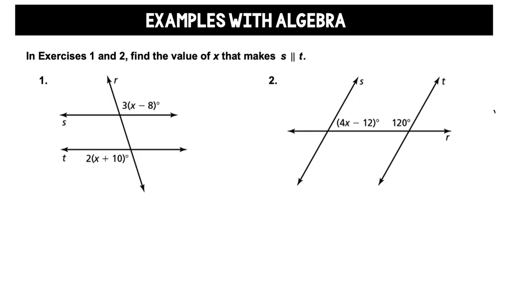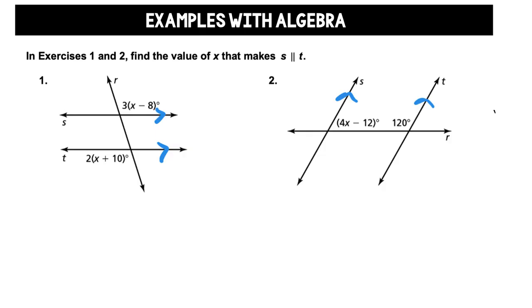All right, so let's try some examples with algebra. This is the same idea that we did yesterday. Okay, so it says, find the value of x that makes them parallel. So we're assuming that we're making them parallel, that they are actually going to be parallel to each other in each of these. So if these two lines are parallel, these two angles have to be equal because they're alternate exterior angles.